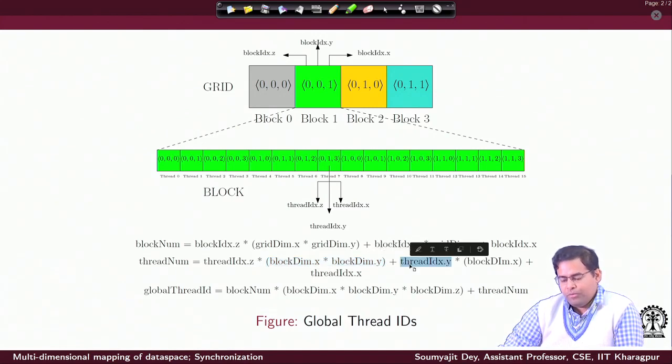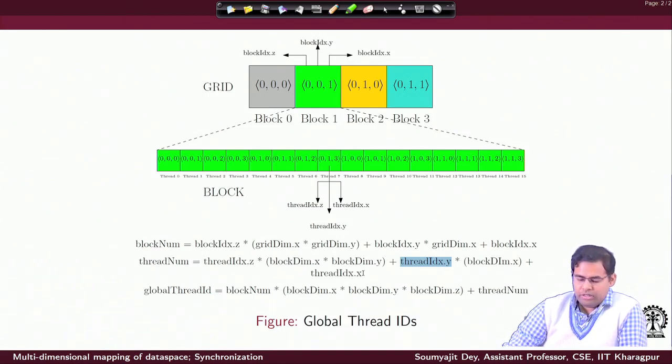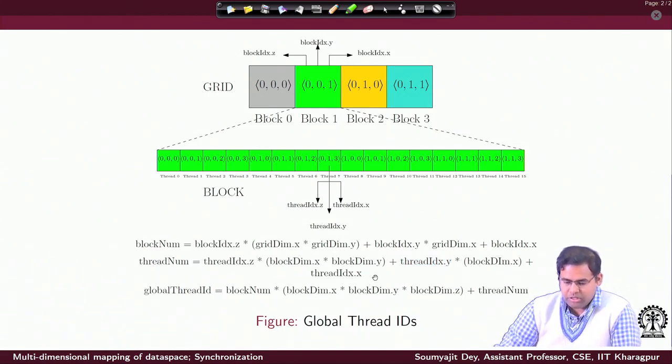And then you have to compute this term, which is thread ID y times the block dimension x, and then you have to just add the thread ID value in the x direction. Let us take an example to make things much more clear here.